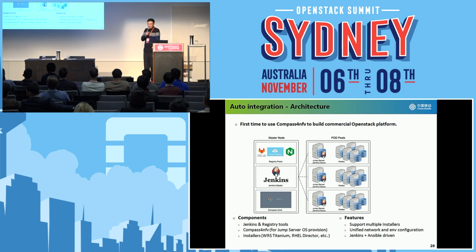The components are Jenkins, the repository, and Compass core. And on the right side, we have the PaaS, which is Wind River. The features are that it supports multiple installers, it unifies network and environment configuration, and it is Jenkins plus Ansible driven.